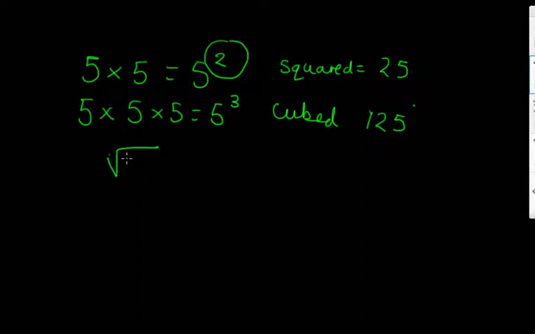So if we have the square root of 25, that's 5. And the opposite of cubing is you take the cube root. So you would put a little 3 here to indicate the cube root. The cube root of 125 is 5.